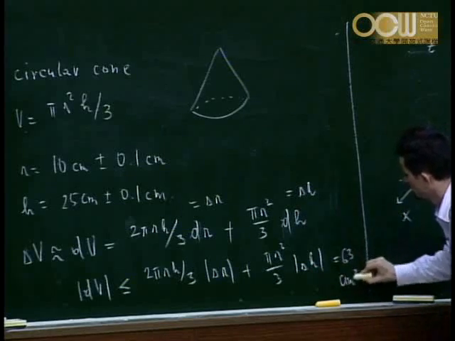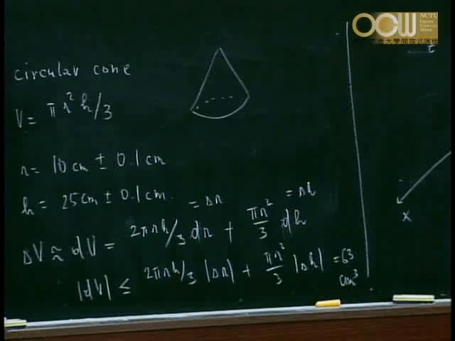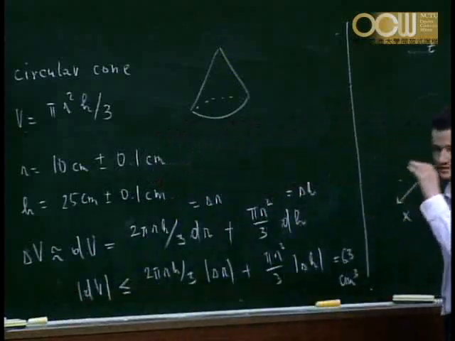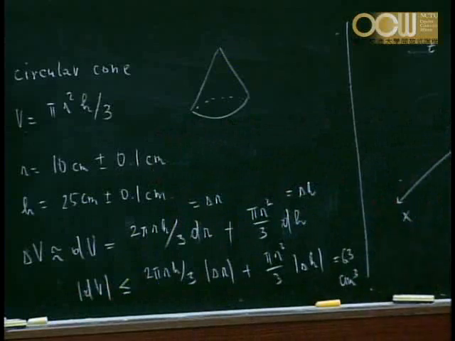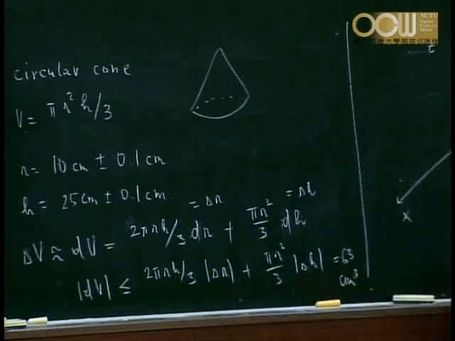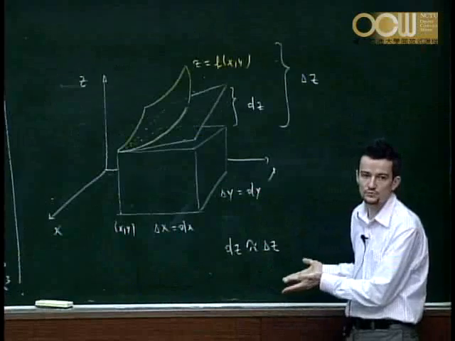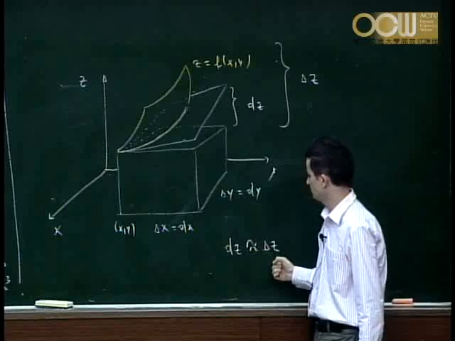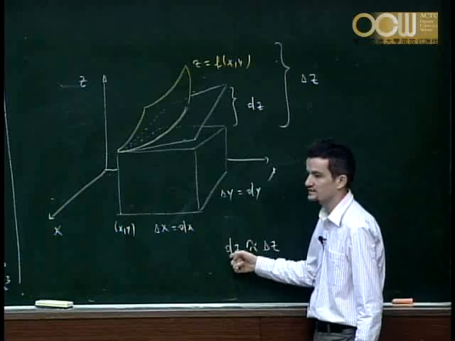Cubic centimeter. Okay, so this is the easy principle behind it, and that's the reason why we look at differentials. But actually, this here is just maybe a more complicated way of writing what you look at.